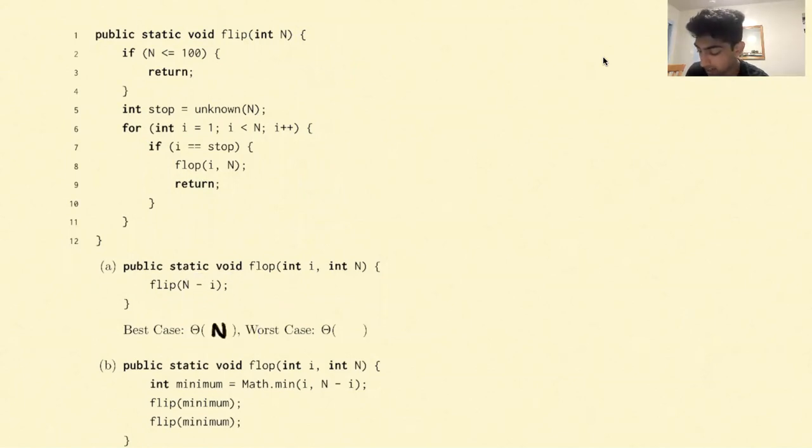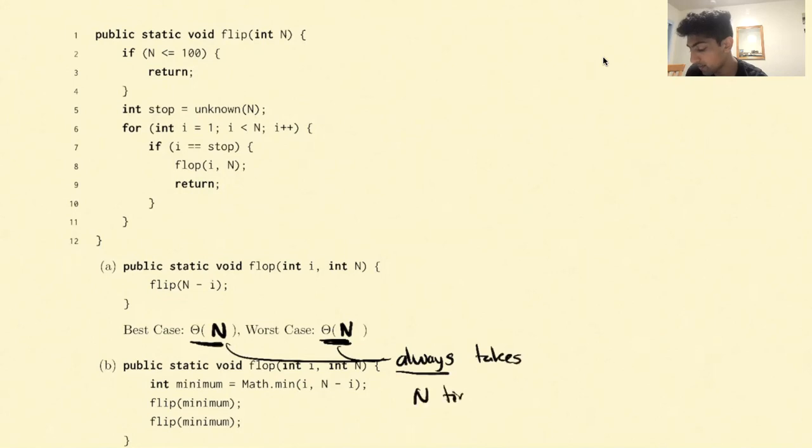So the best case and worst case runtime of flip is going to be theta of n. You might be wondering how I figured that out, and I'm going to show you right now. But what's important to notice is that if the best case and worst case are the same, it implies that this function always takes n time. That's a very important thing to realize.